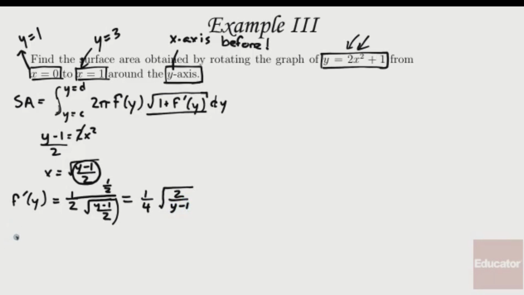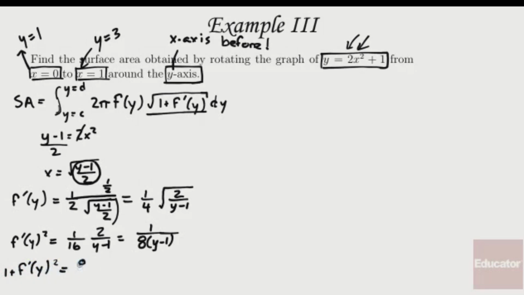So that's f prime. We need to find f prime squared, which is 1/16 times 2 over y minus 1. And we could simplify that into 1 over 8 times y minus 1. 1 plus f prime of y squared is, well, 8y minus 8 plus 1 over 8 times y minus 1.